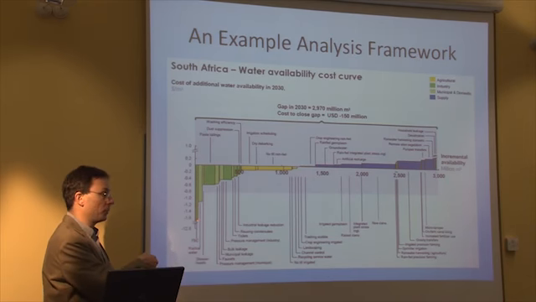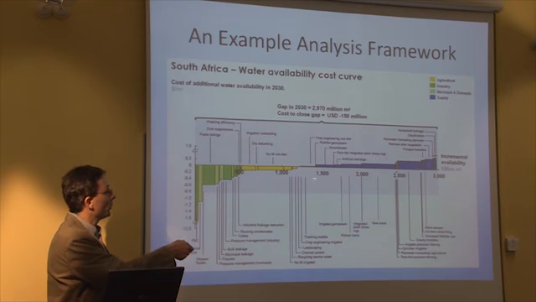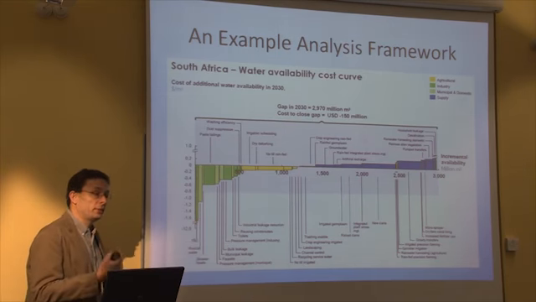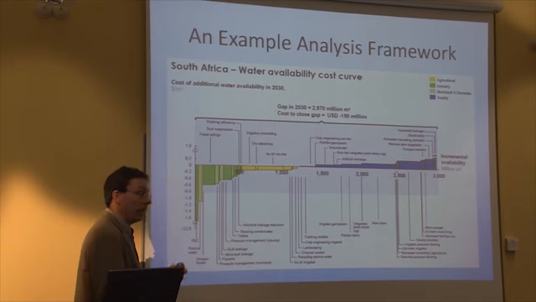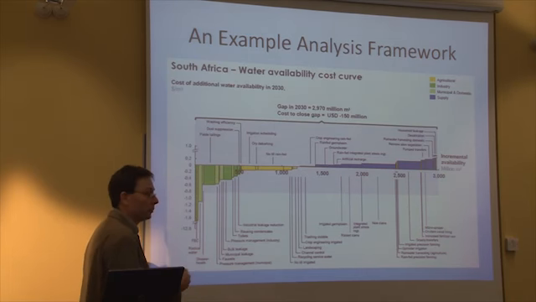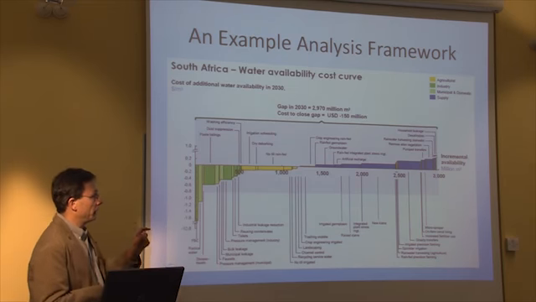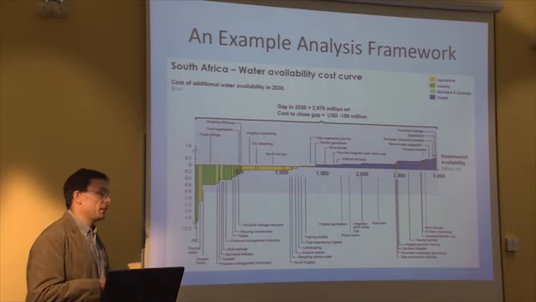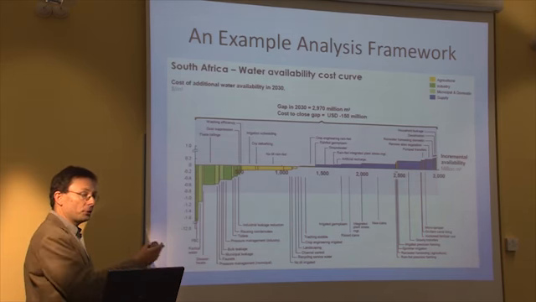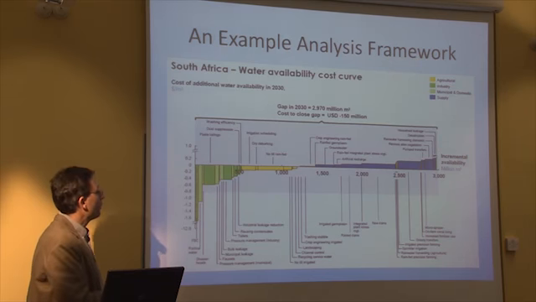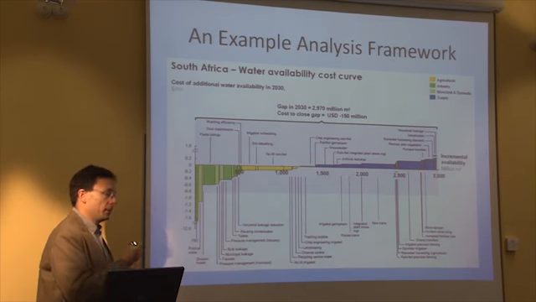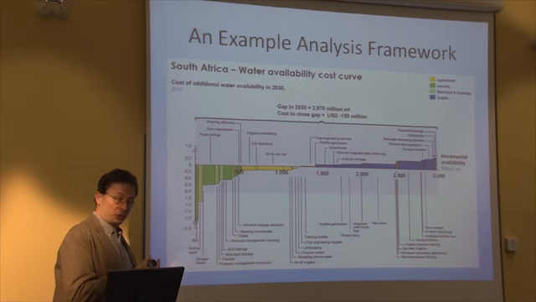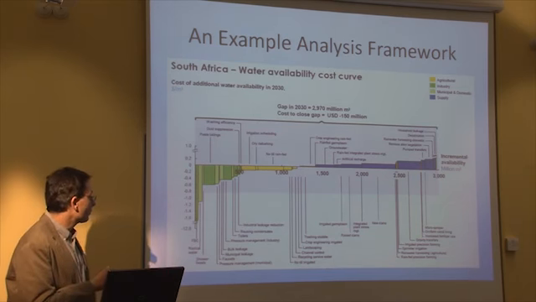So from something that produces a net economic benefit through to these options on the right that actually cost and have increasing cost to fill a particular pocket of water in this demand-supply gap. So what this does, it essentially lays out all the different options that are available, tries to come up with a good estimate of what the cost is in this case, and then ranks them.